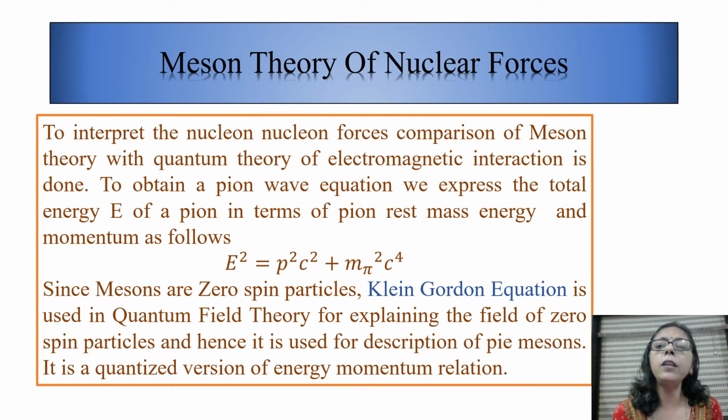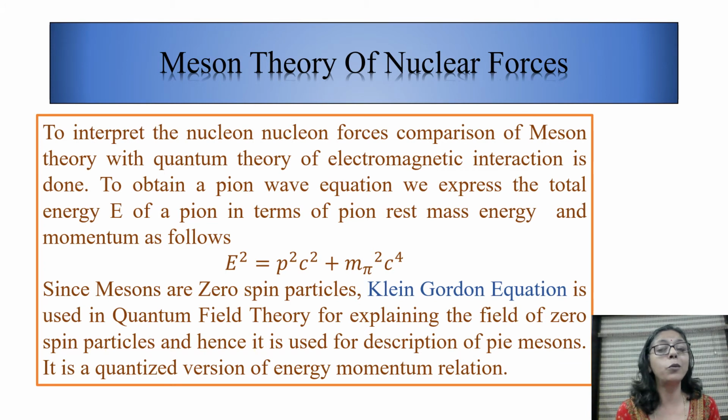To interpret the nucleon-nucleon forces, comparison of Meson theory with quantum theory of electromagnetic interaction should be done. To obtain a pion wave equation, we express the total energy E of a pion in terms of pion rest mass energy and momentum by the formula.